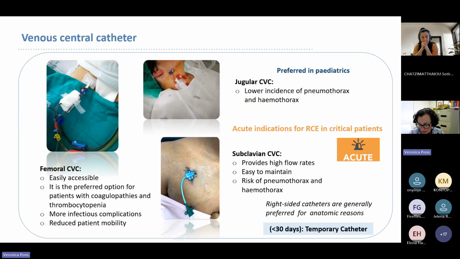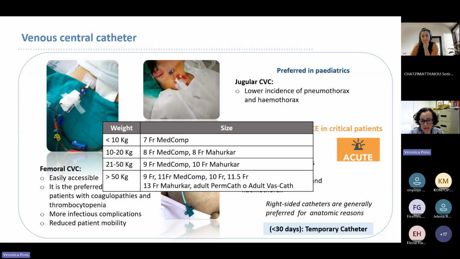The jugular catheter is therefore preferred in some units, as it has the fewest complications, and we use jugular catheters more than femoral catheters. In this image, you can see the recommended size in French, according to the weight in kilograms of the patients.